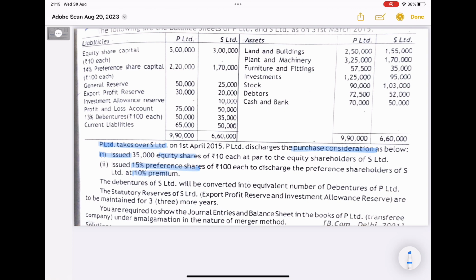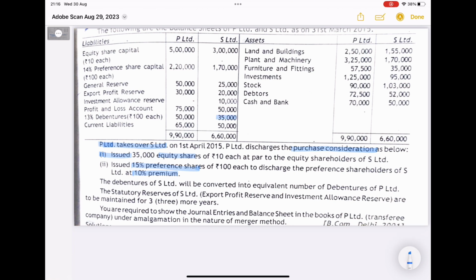So preference shares are issued at 10% premium, which means 100 into 10%, 100 plus 10 rupees. So for 110 rupees we have issued the preference shares. Next, the debentures of S Limited will be converted into equivalent number of P Limited debentures.